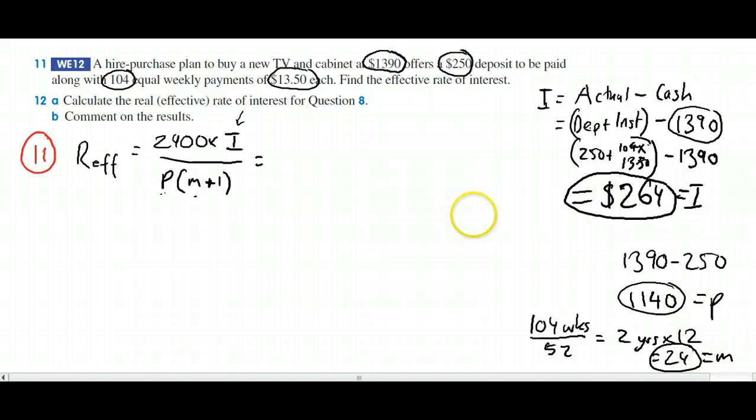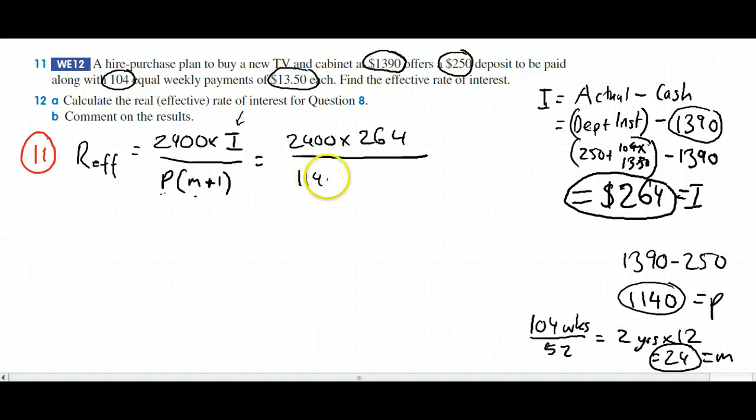So now we've got our three values that we need for this equation. We can put 2,400 times 264 instead of I, for P we can put 1140, and for M plus 1 we can put 25, which is 24 plus 1.